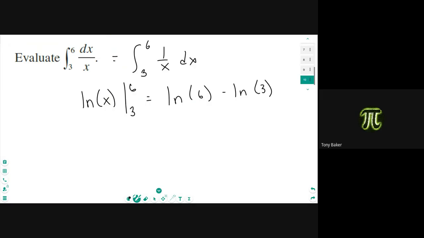Can I change that? Can I change it or no?